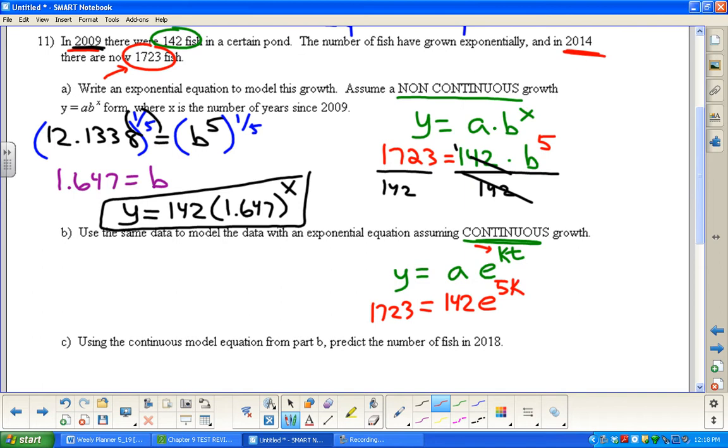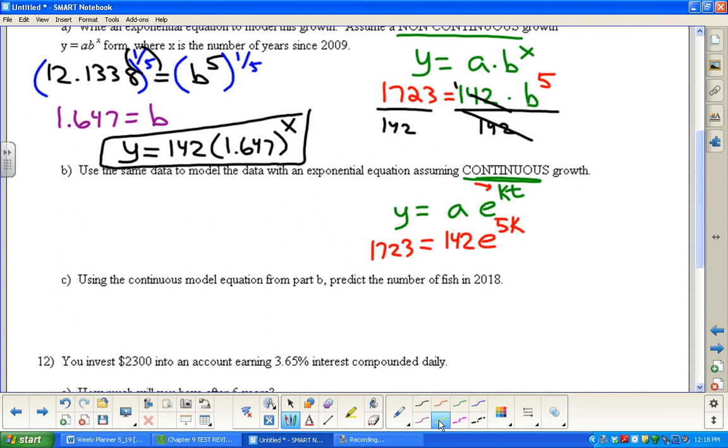We're going to go through some of the same steps. We're going to divide by 142, just like we did before, so we already know that answer. When we divide by 142, that's where we got the 12.1338. But in this case it equals e to the 5k power.